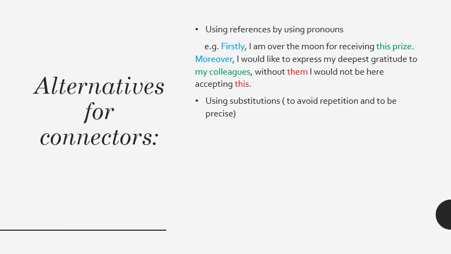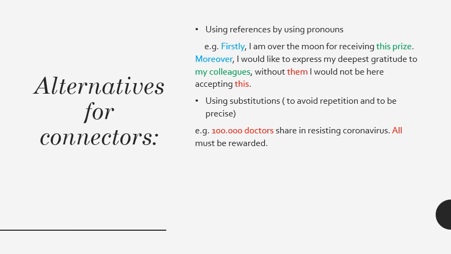Also, you can use substitutions. Substitutions are used to avoid repetition and to be precise. What are substitutions? A word replaces another word in order not to repeat. 100,000 doctors share in resisting coronavirus, for God's sake. All. What's all? All here replaces or substitutes the very words 100,000 doctors.